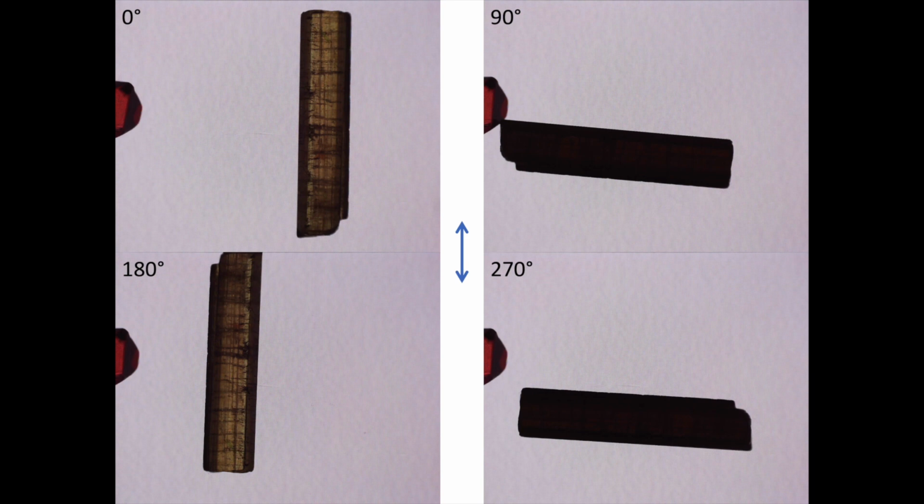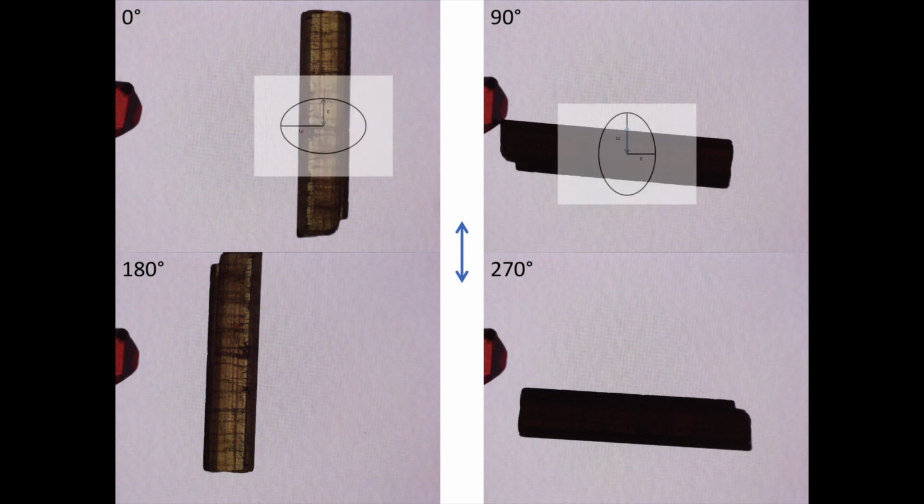Our tourmaline crystal is defined by 2 refractive indices. We'll refer to these as epsilon and omega. And the shape to describe these different refractive indices would actually be an ellipse in this particular viewing direction for our tourmaline with axes of epsilon and omega. In the case of tourmaline, epsilon is less than omega, and so that will be the shorter axis of our ellipse.